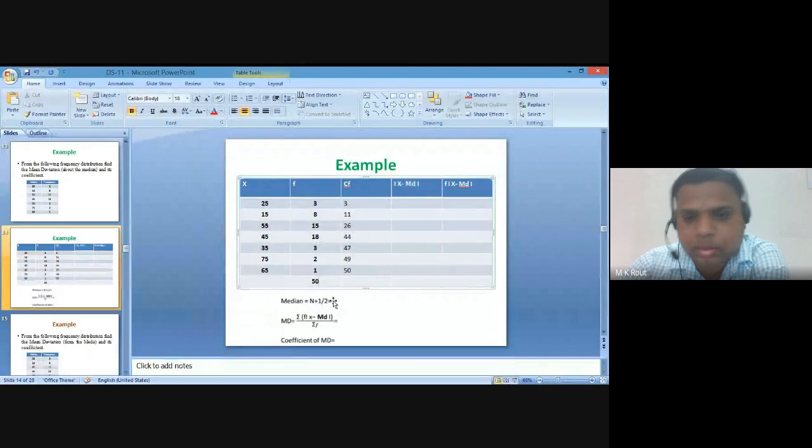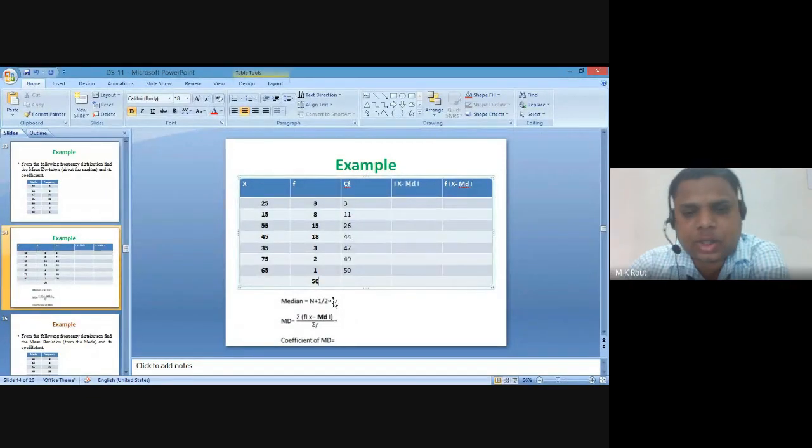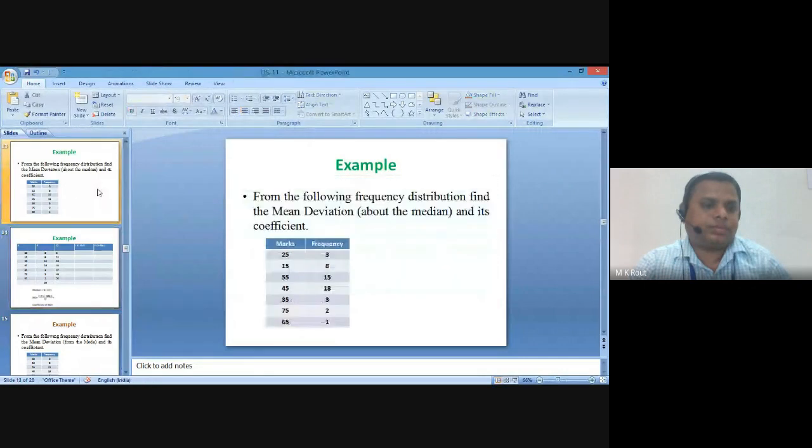So the 26 row should be chosen, and from that row you choose the value of x as the median value. Is it clear? Okay, so here we got the median value, that is 55. Just note down the median value.